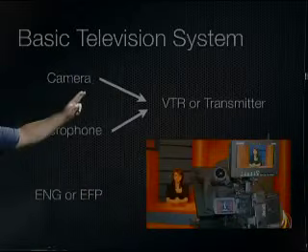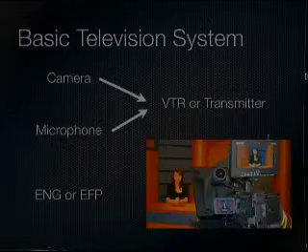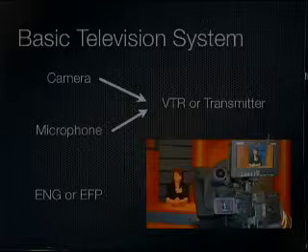You'll have a camera, that's the source of video in a basic television system, and then you'll also have a microphone, which is the source of audio in the television system. Now I want to go ahead and discuss some aspects of this vocabulary that we've already talked about. We've talked about video and we've talked about audio.